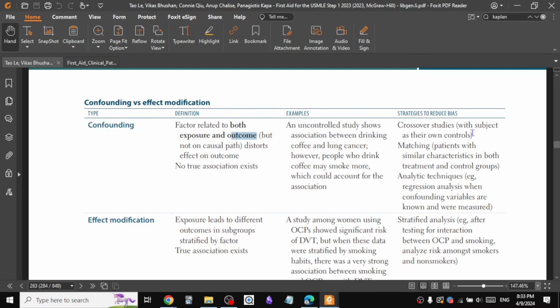So when you use crossover studies, the effect of confounders is decreased, because I'm comparing and contrasting between the controls and the individuals receiving treatment, right? So with subjects as their own controls, right? Matching patients with similar characteristics in both treatment and control groups. How does matching help?